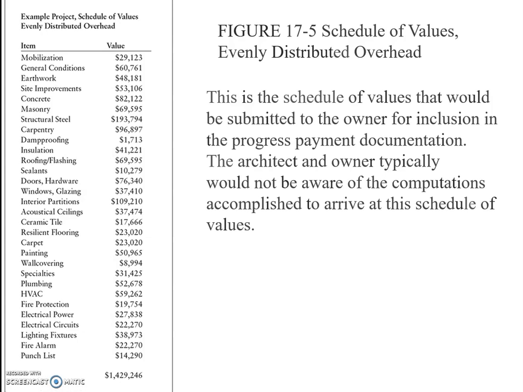For example, it requires an item for resilient flooring and another item for carpet. However, the estimate has one item, a subcontractor bid for floor covering, including both resilient flooring and carpet.